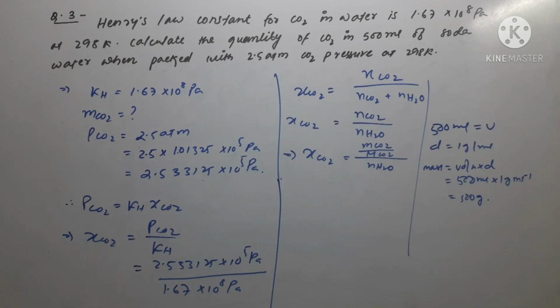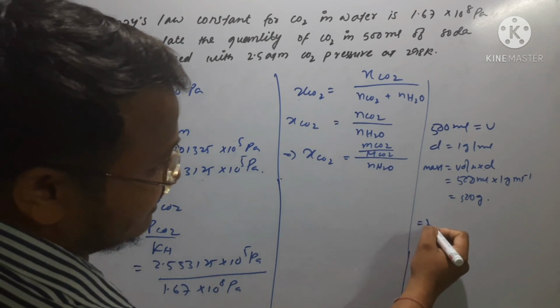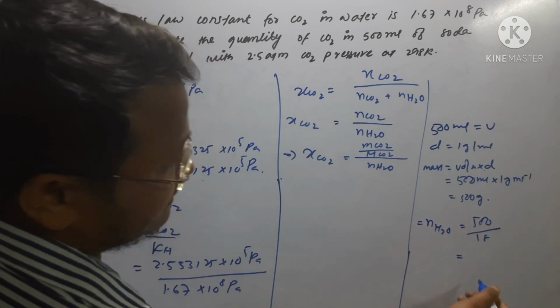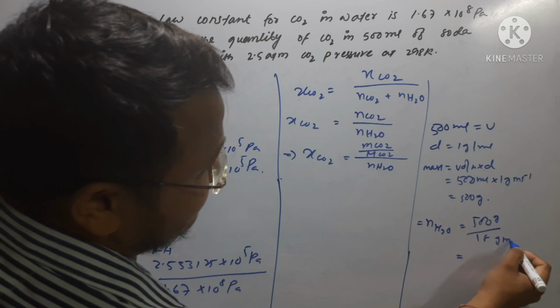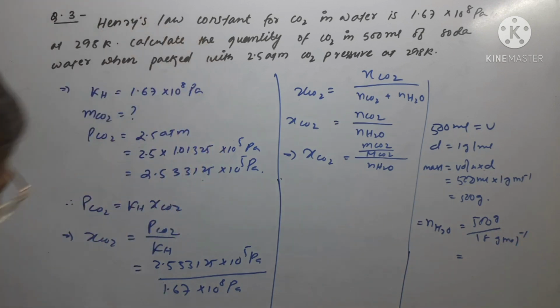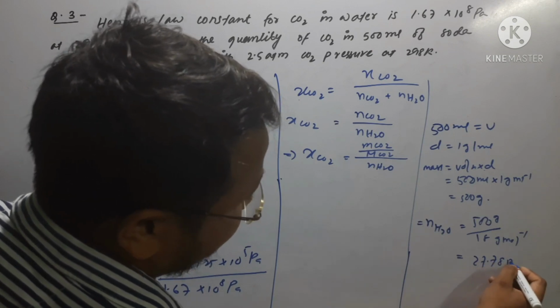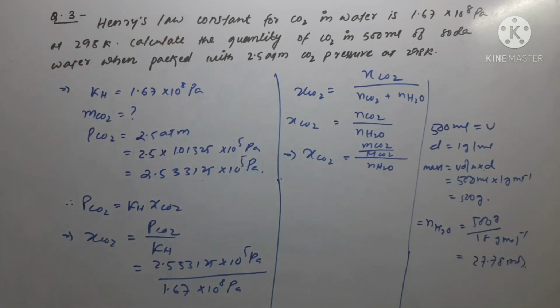That means in this soda water solution, the mass of water is 500 gram. So from 500 gram of water, you can easily find the mole of water. n of H2O equals 500 gram divided by 18 gram per mole. Gram will cancel out, and the value comes out as 27.78 mole. Okay, guys?